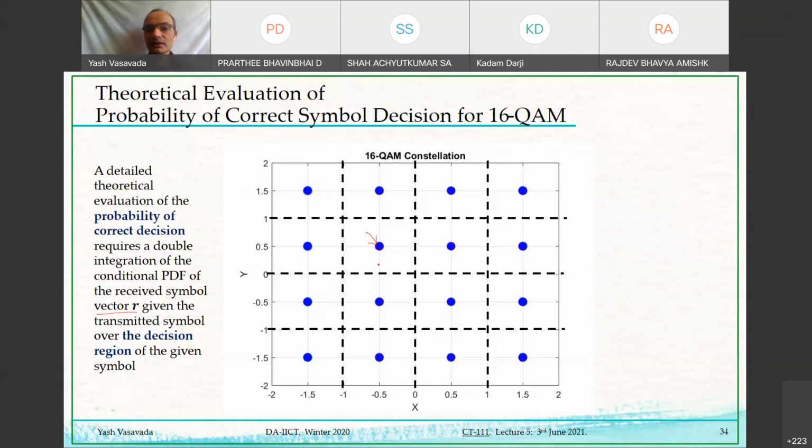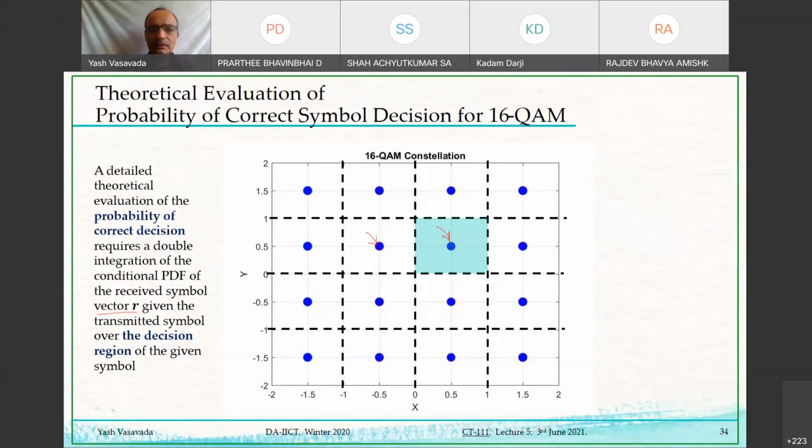And that will give us the probability of correct detection when this symbol is transmitted. Sorry, I should have pointed to this one here. So this is the region of integration. This will give us the probability of correct symbol decision.